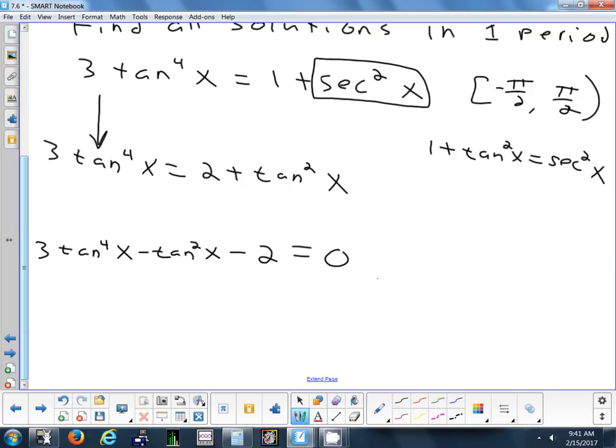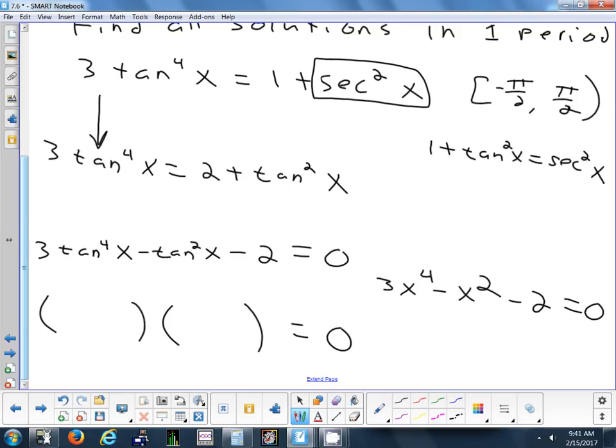So now I want to try to factor that. And it's basically like factoring 3x to the 4th minus x squared minus 2 equals 0. If you can factor that, then that's the same thing. What would have to be my first term in the first parenthesis? Three what?